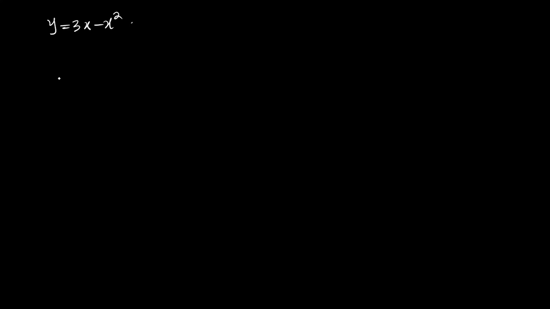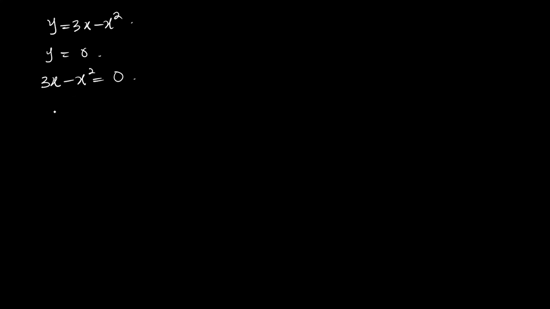To sketch the curve, first let's find the points where the function is 0, where y is equal to 0. To do that, we say 3x minus x squared is equal to 0.